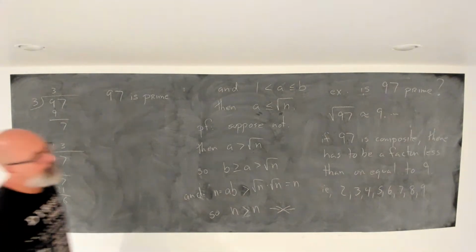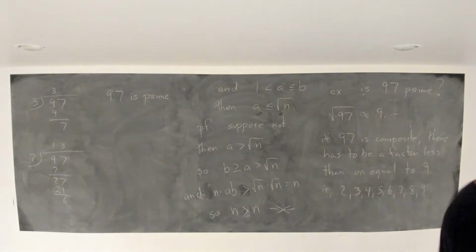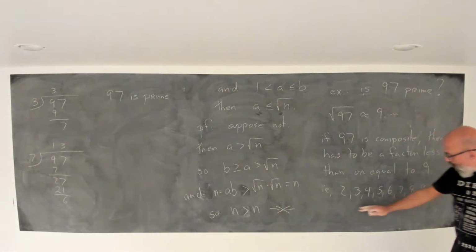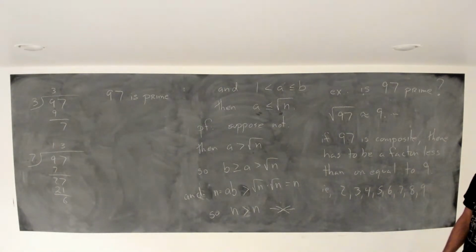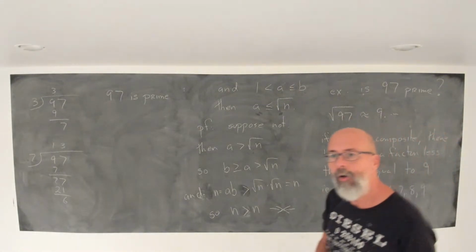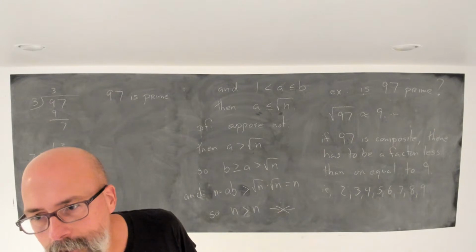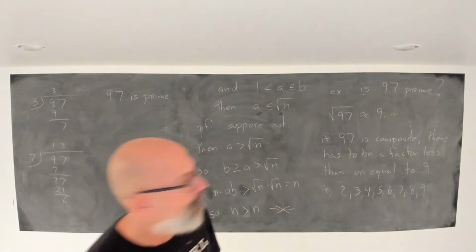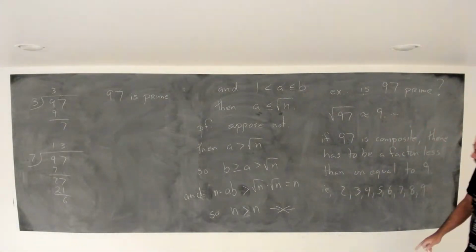Now, if you take a step back, we considered all of these numbers, but in fact, we did not need to. We did not need to consider all of these. And let's think about why that is.